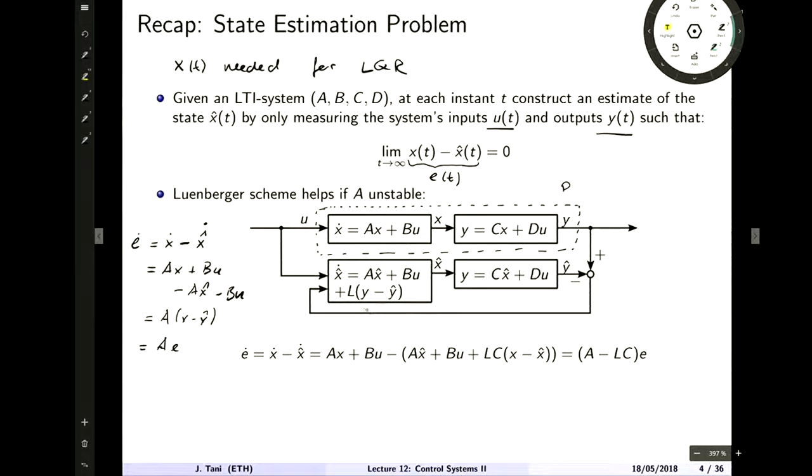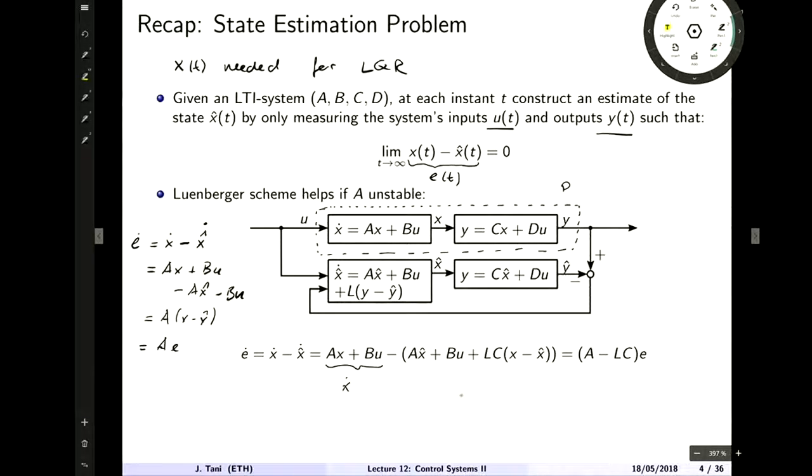And of course, as you know, y is known to us. So we feed back the error in observation. So let's again look at the dynamics of E dot for that case. So E dot would be x dot minus x hat dot. Same as before, we have Ax plus Bu, and then here we have additional terms. What is y?